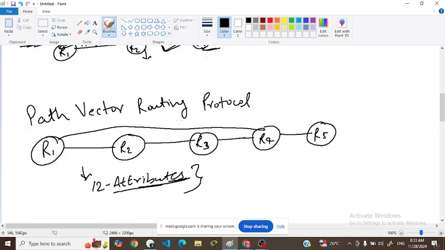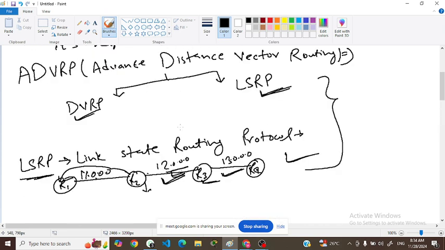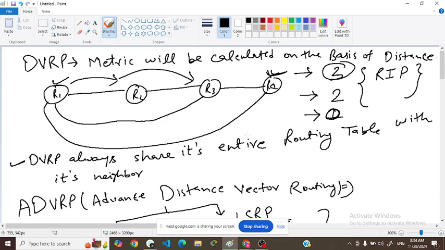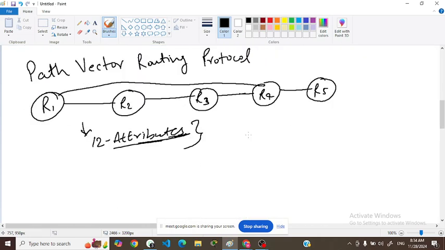Here no attribute will be shared. Only it will share the connection, not the attributes, in LSRP, DVRP. But in the path vector routing protocol, it shares the entire information of the path. It means the properties which are used on that path, it will share also in its routing table. Is it clear, guys?